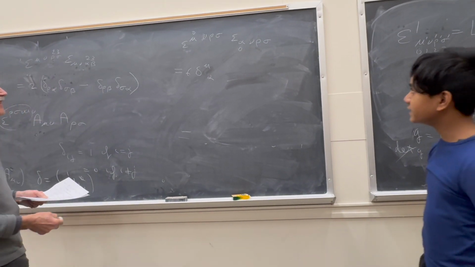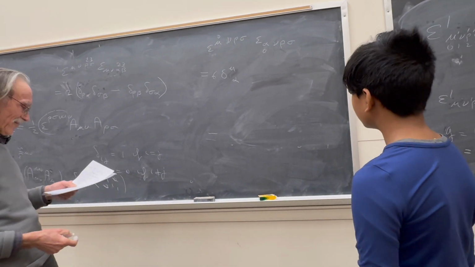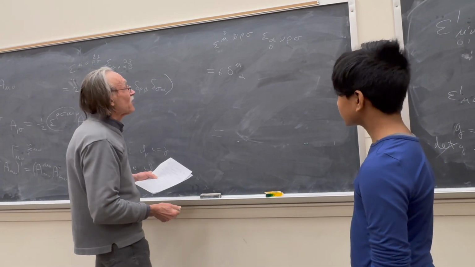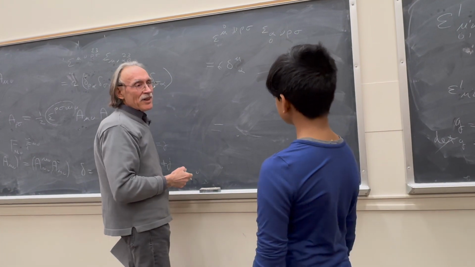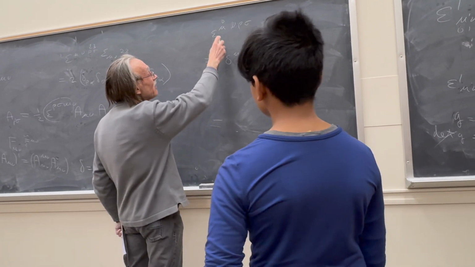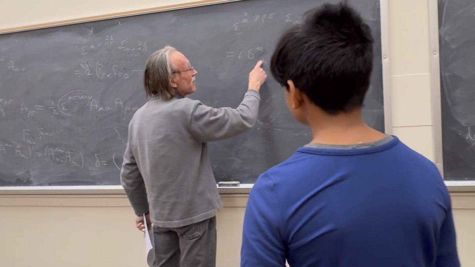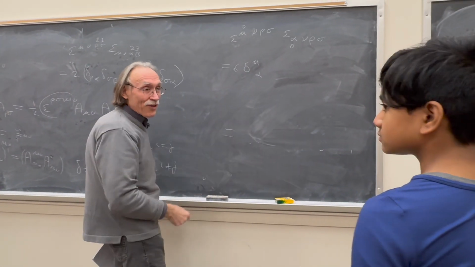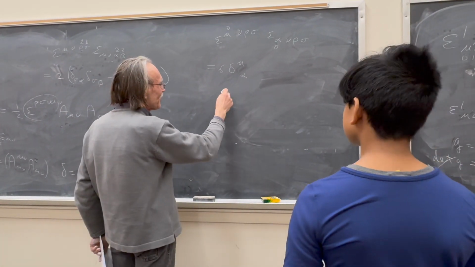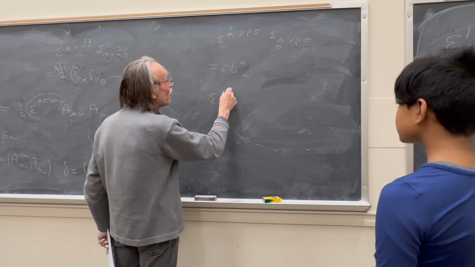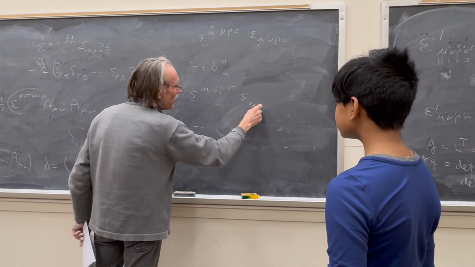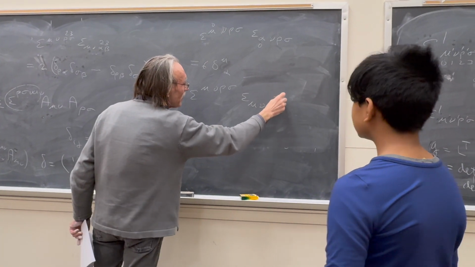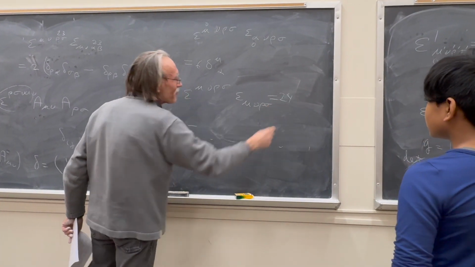And that explains the other identity too. The last identity, yeah. If you sum over all of them, then this is also equal to that. So there are 4 more things. So then it becomes 24. So if you have epsilon nu rho sigma, epsilon nu rho sigma, that is equal to 24.